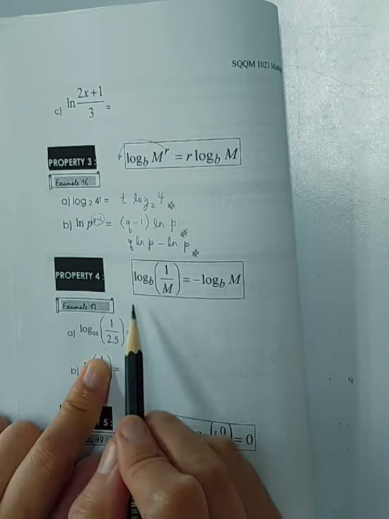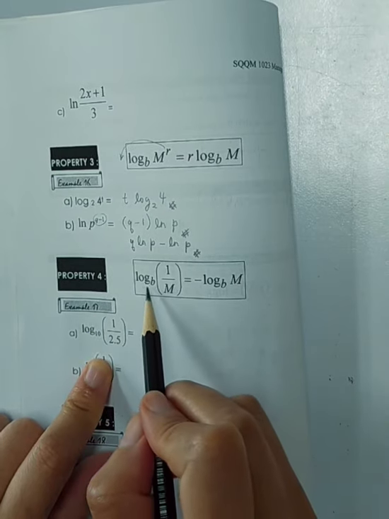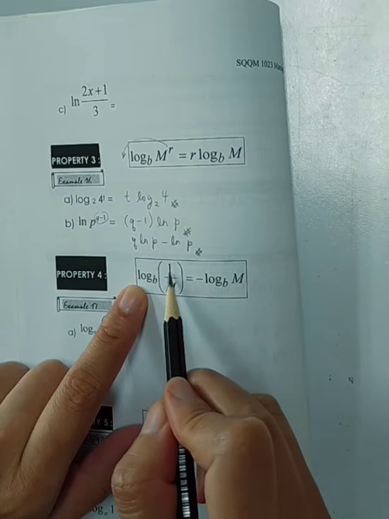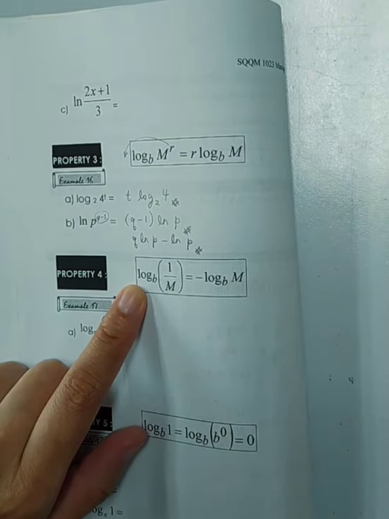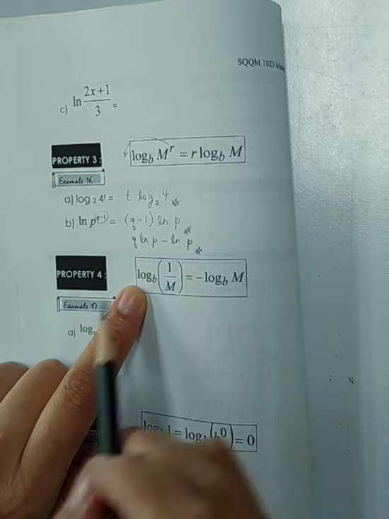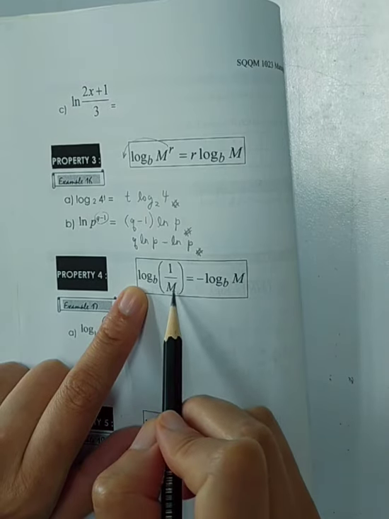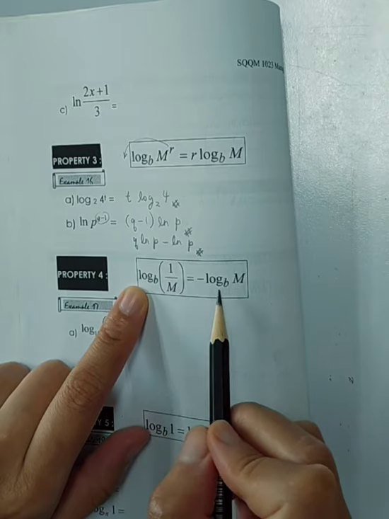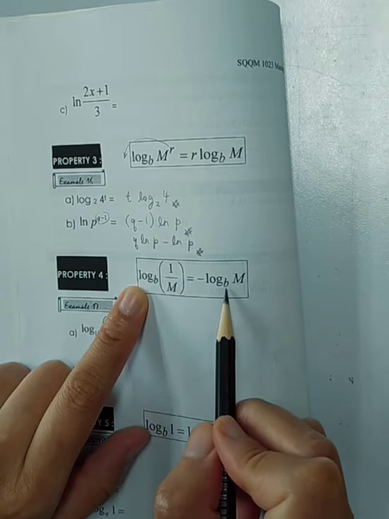And then property number 4, if you have a single log with the condition 1 over something, this will be equal to negative log m base b.